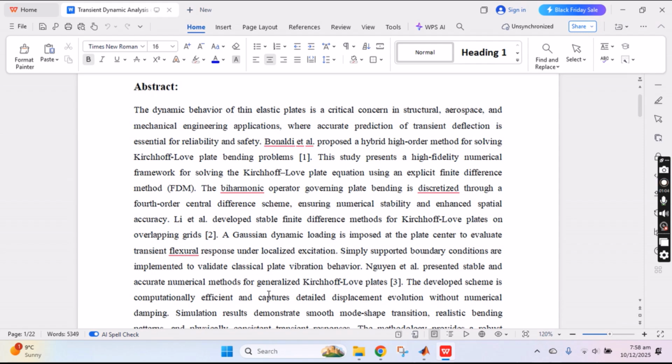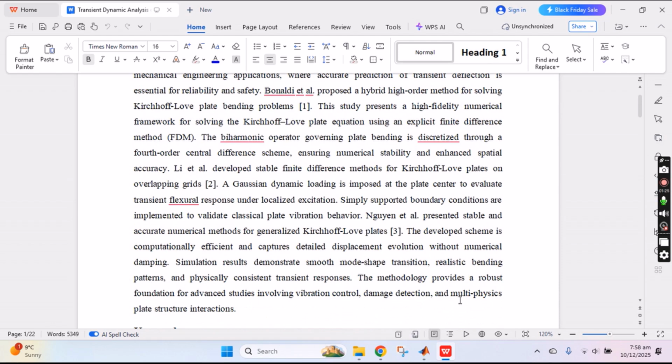So in this article we have proposed how the Gaussian dynamic loading is imposed at the plate center to evaluate the transient flexural response under the localized excitation, according to how we added the boundary condition to validate classical plate vibration behavior.